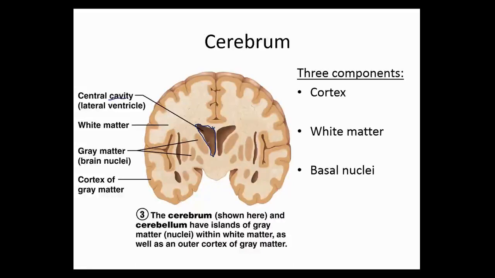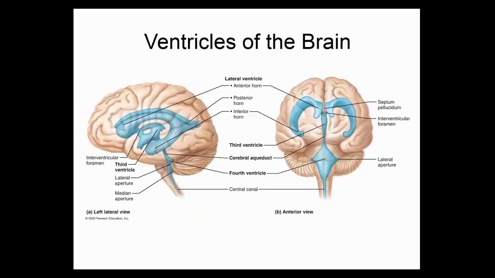In the cadaver we see that's basically an open hole, open space. But in real life, in a real functioning brain, all of this will be filled with our cerebral spinal fluid.